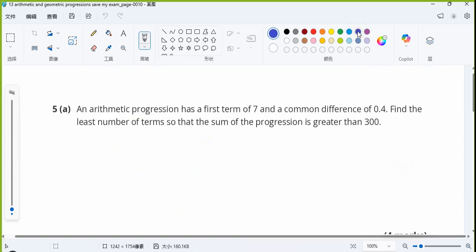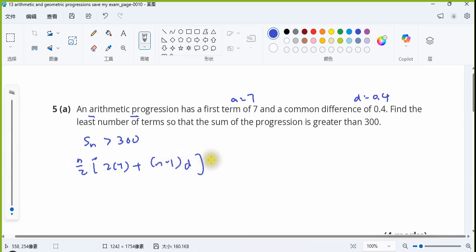Question number 5. We have an AP. The first term is 7 and the common difference is 0.4. Find the least number of terms so that the sum of the progression Sn is greater than 300. n over 2 times 2a plus n minus 1 d greater than 300.